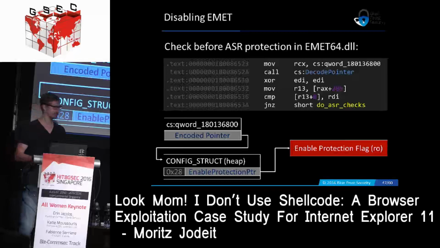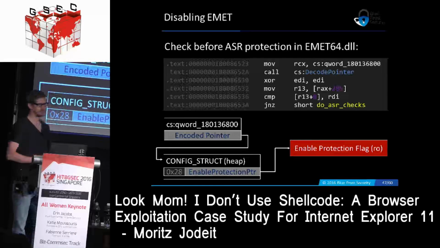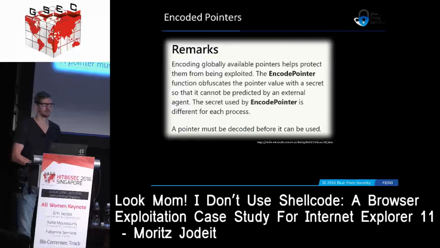There's a reference, as I said, but the pointer to this structure is actually obfuscated using the EncodePointer API function. So let's take a look at that. If you take a look at the MSDN documentation for EncodePointer, they give you some hints on what they actually do when they obfuscate pointers.